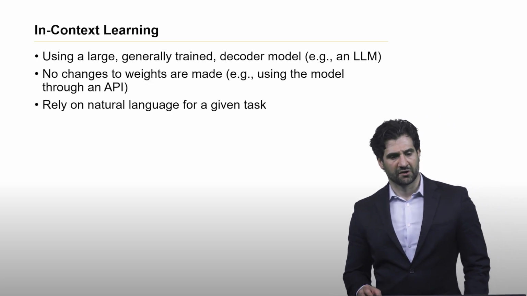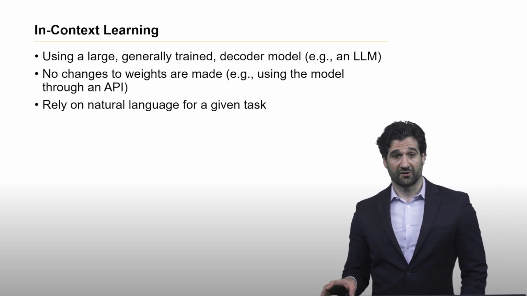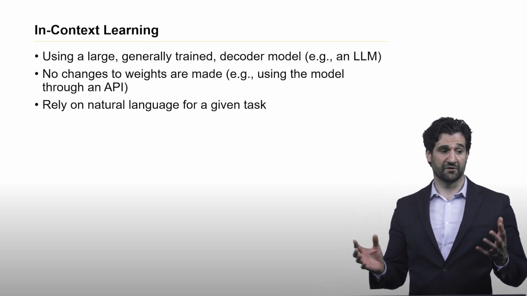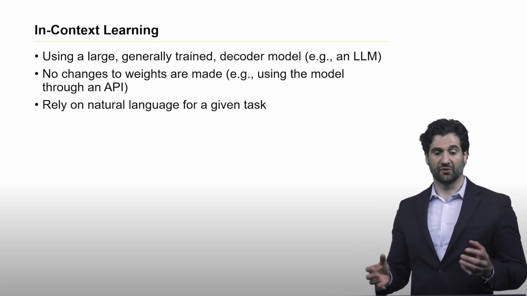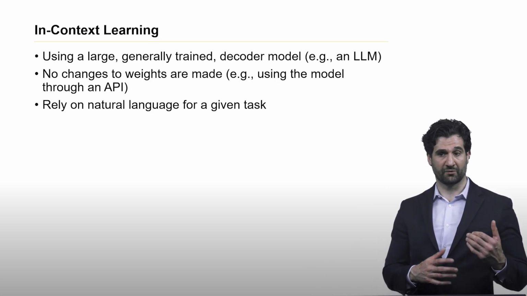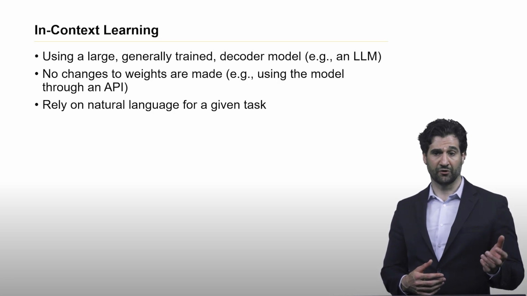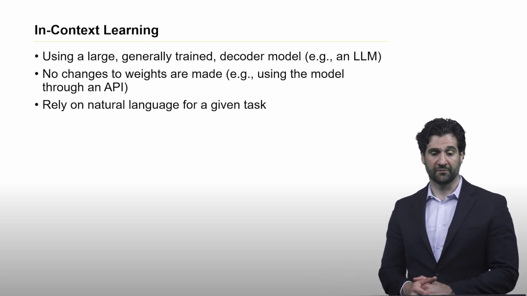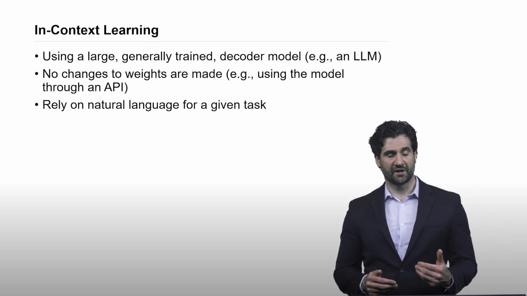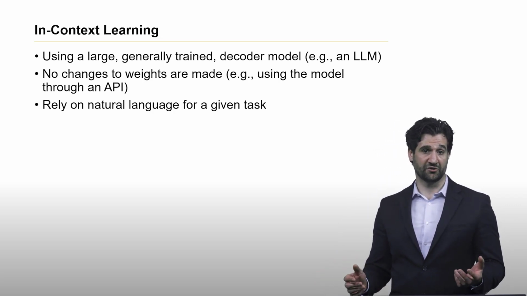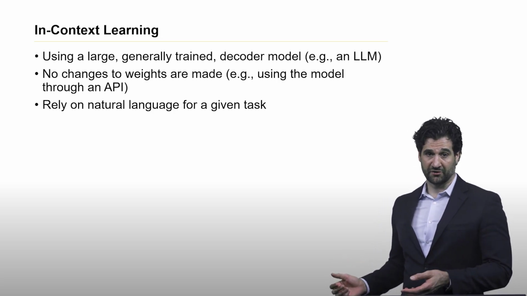And so the main idea behind prompt engineering is that the model is initially trained using what's called in-context learning, where there were aspects of the context of the training samples included with that. And because it's been trained in this way, you can prompt the model using natural language to get a result.